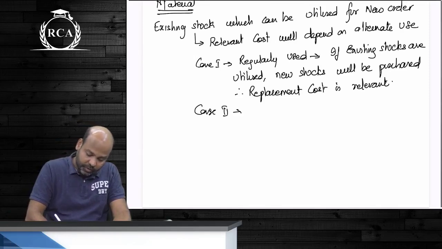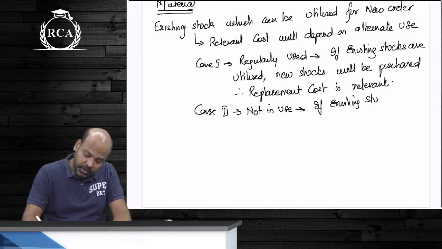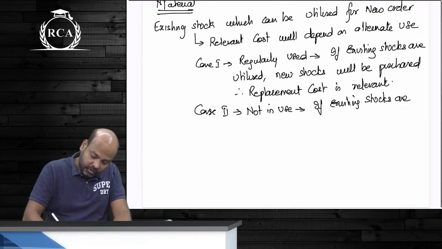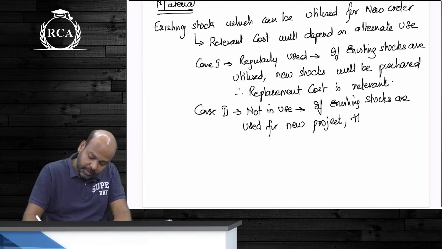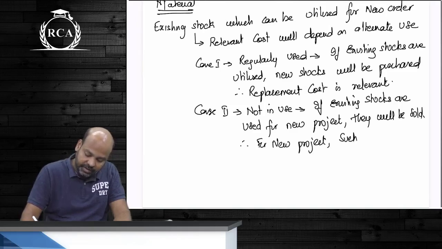Case 2, what will I write? Not in use. So if existing stocks are not used for the new project, what will you do? If existing stocks are not used for the new project, they will be sold. Therefore, for the new project, such sale value should be considered as relevant.